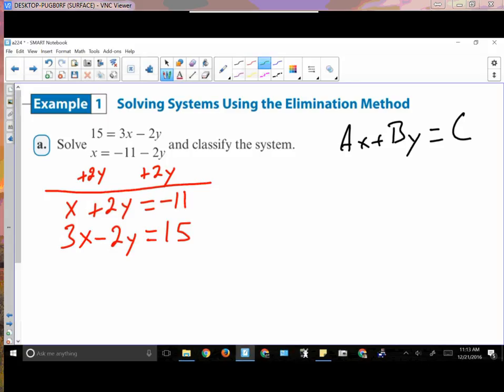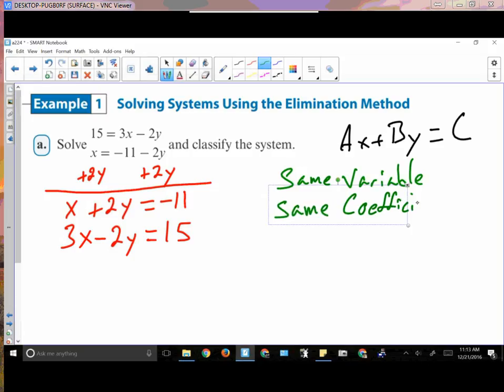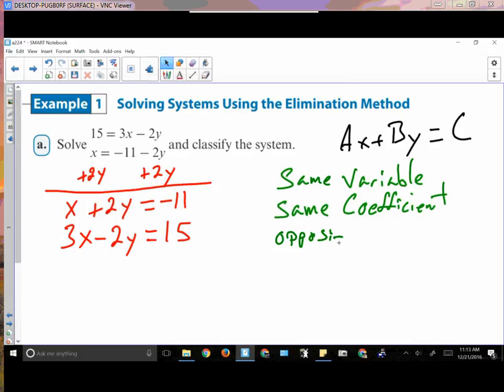Now, next step. When we're doing elimination, what we want to do is have the same variable, same coefficient, opposite signs.